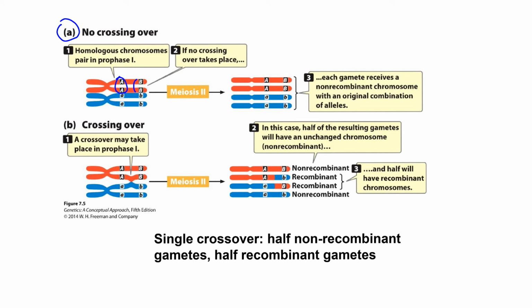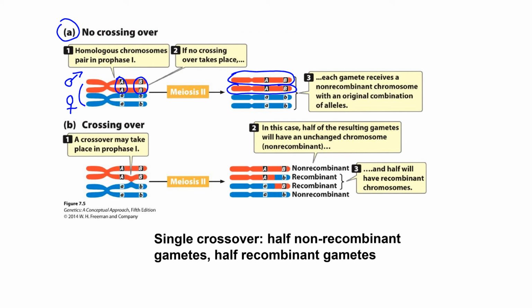You see that the father is homozygous dominant for both genes and the mother is homozygous recessive for both genes. If we consider no crossing over taking place and you go back and look at meiosis 1 and meiosis 2, you can see that under such a scenario there are four gametes with only two combinations of alleles, and these two combinations are parental combinations.